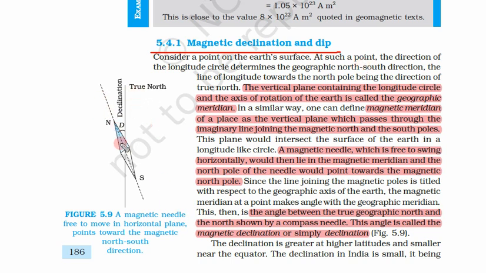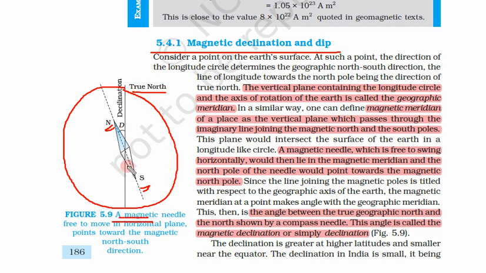Here we can see this is the north pole of the magnetic needle or compass, this is the south pole, and let us put Earth here. So this is true north of the Earth, this is true south of the Earth, and definitely there is some angle between Earth's magnetic north and Earth's magnetic south.